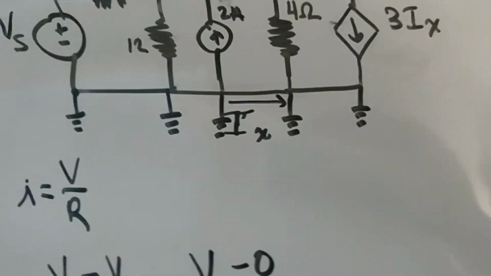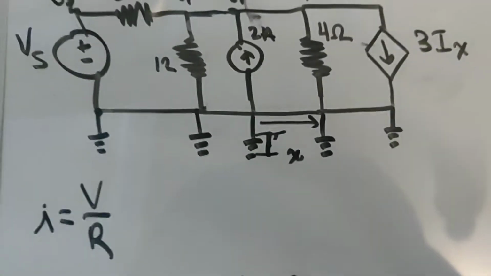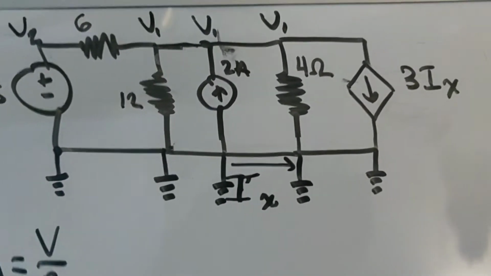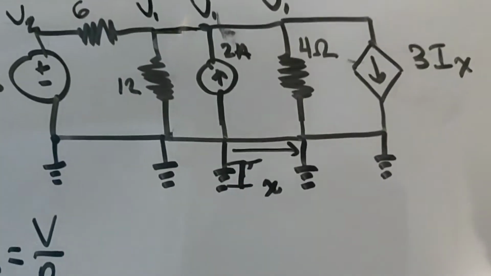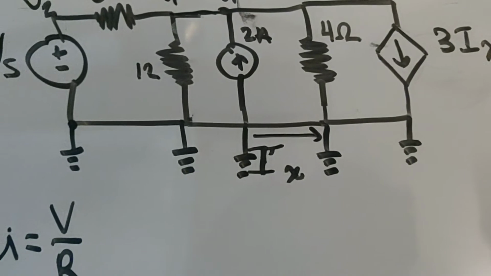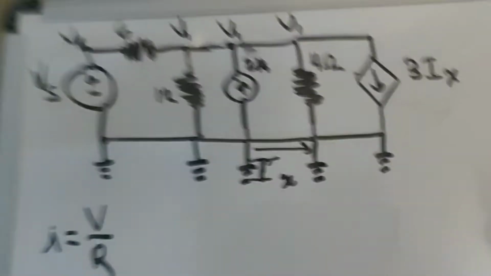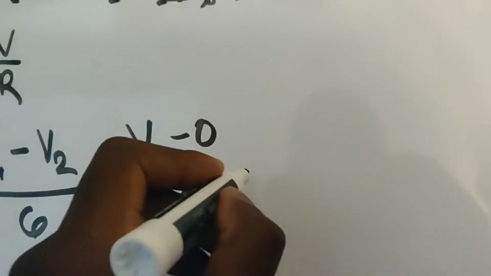And now in this next branch, we already know the current. It's sitting right there in front of us, but it's going against where I'm measuring. So that is going to be negative 2 amps.